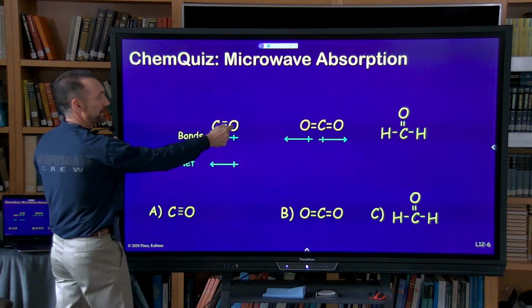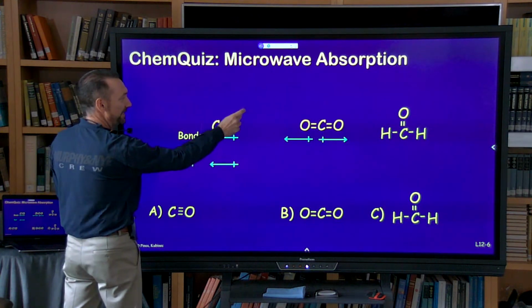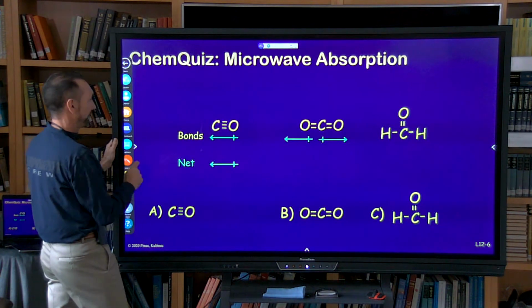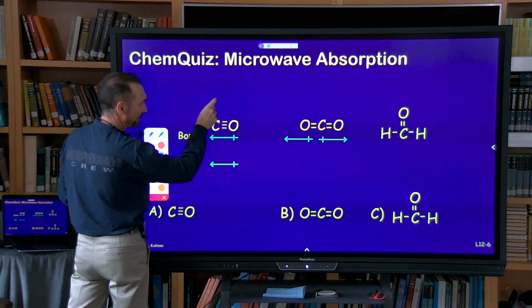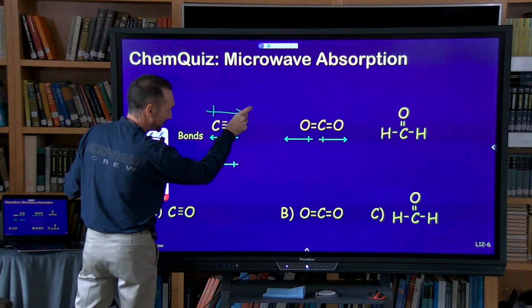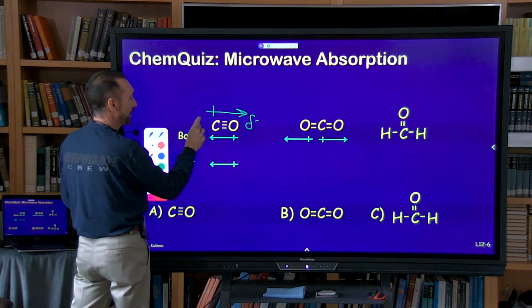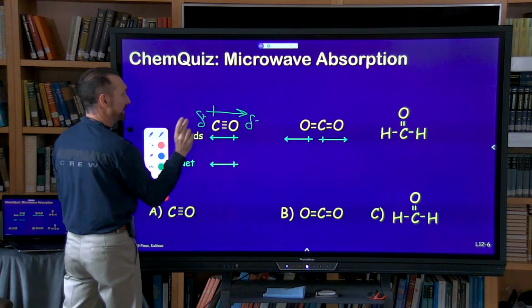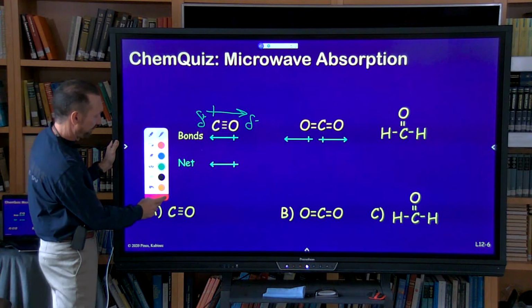Here I did it backwards. Oxygen's the more electronegative element, so the negative is here. I'll just fix it. Carbon is the more positive and oxygen is the more negative. So there's that little delta negative there and the little delta positive there.